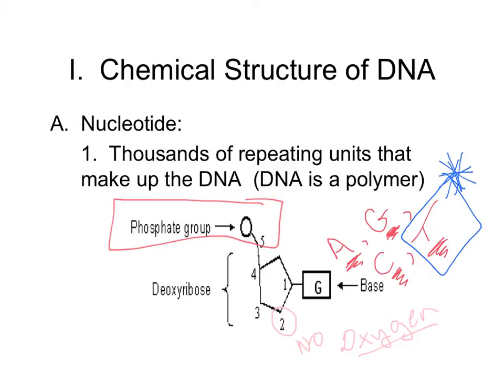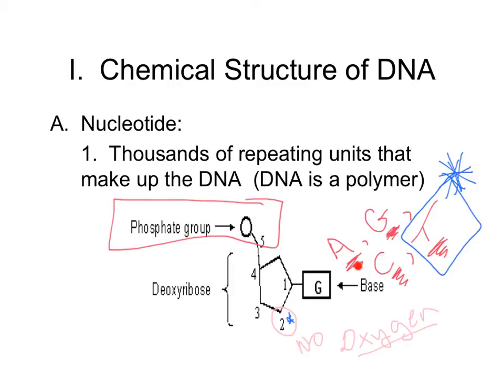If you see a molecule that has a T and no oxygen here on the second carbon, then you know it's deoxyribonucleic acid. It's DNA. If you find a U in it, or you find an oxygen in the ribose sugar, then it is RNA. So this is a nitrogenous base, and we'll look at those nitrogenous bases next.